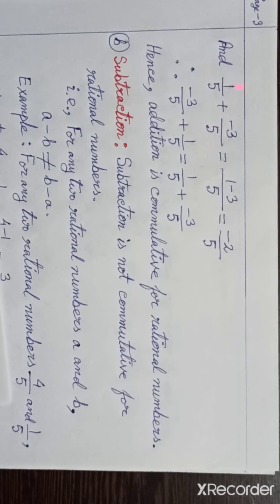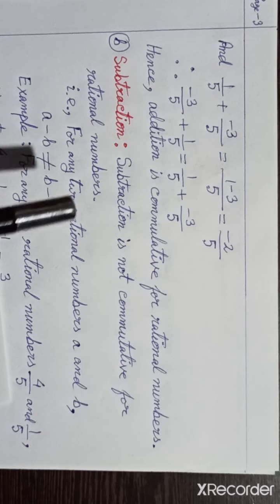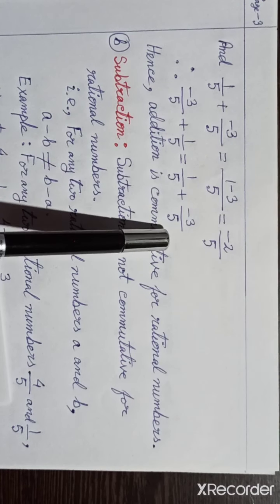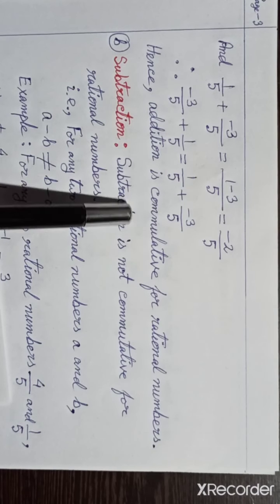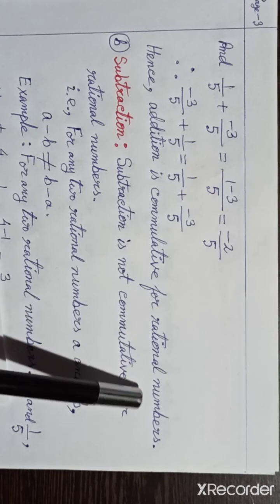After adding these two numbers together, we get minus 2 by 5, and we see that both the answers are equal. So minus 3 by 5 plus 1 by 5 is equal to 1 by 5 plus minus 3 by 5. Hence addition is commutative for rational numbers.